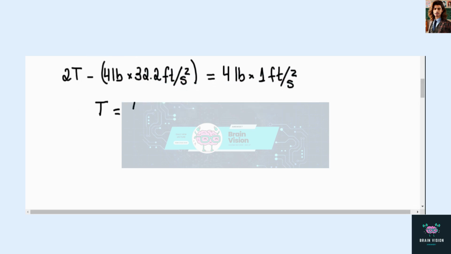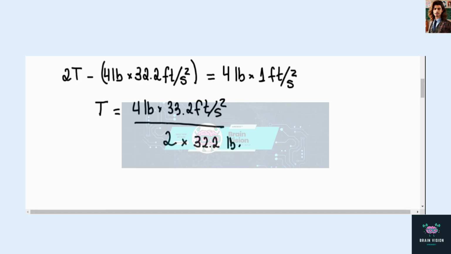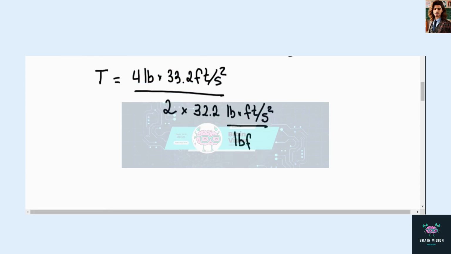So T is equal to 4 pounds times 33.2 feet per second squared divided by 2. Now I'm going to transform this to pound force. So remember that there are 32.2 pounds times foot per second squared in 1 pound force. So T is equal to 206.